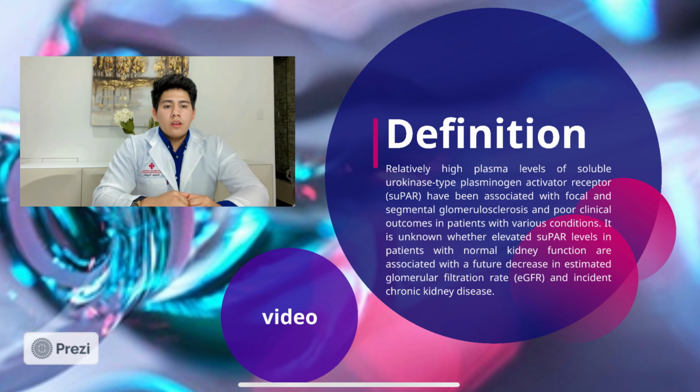It is unknown whether elevated suPAR levels in patients with normal kidney function are associated with a future decrease in estimated glomerular filtration rate (eGFR) and incident chronic kidney disease.